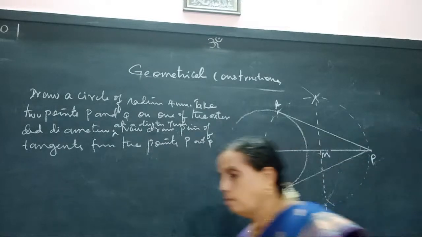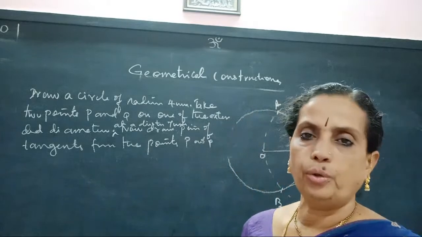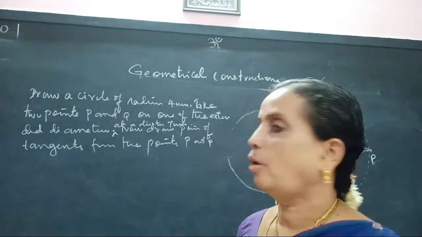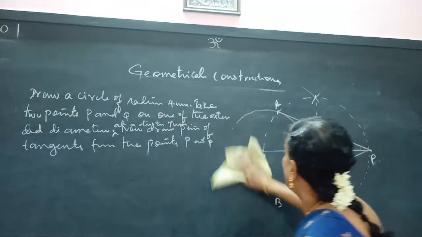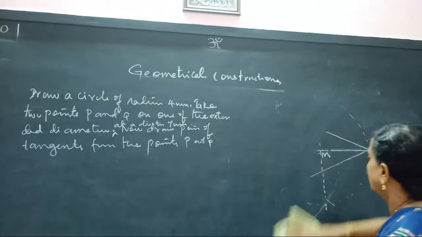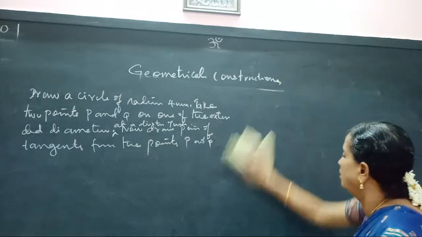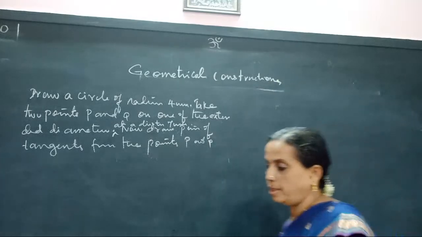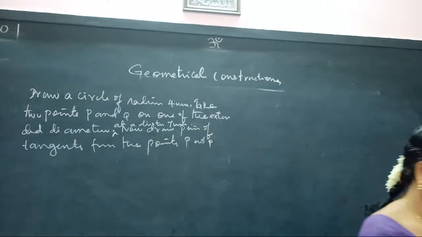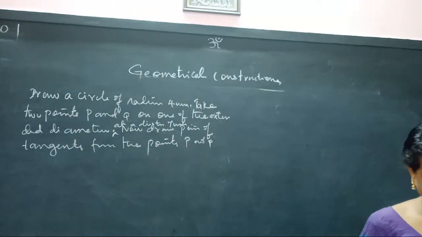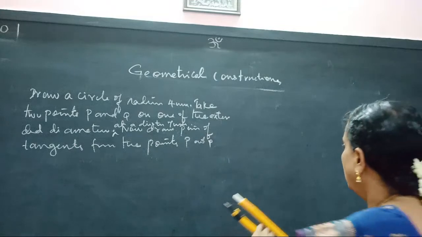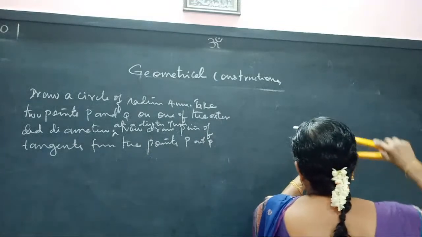Now we'll do the first part. Draw a circle of radius 4 centimeter using your compass.